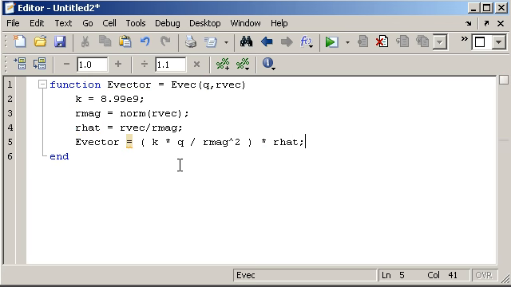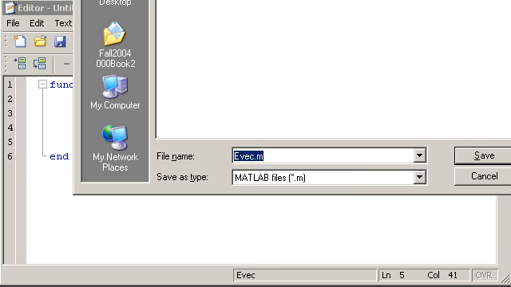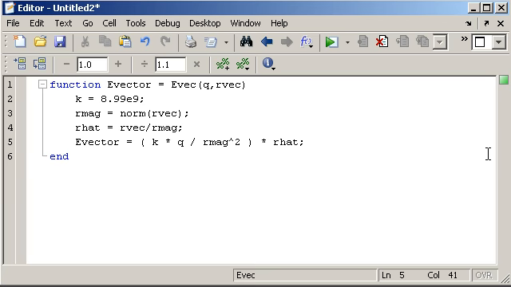I think that'll do it. So I'll save it. And then try running it.